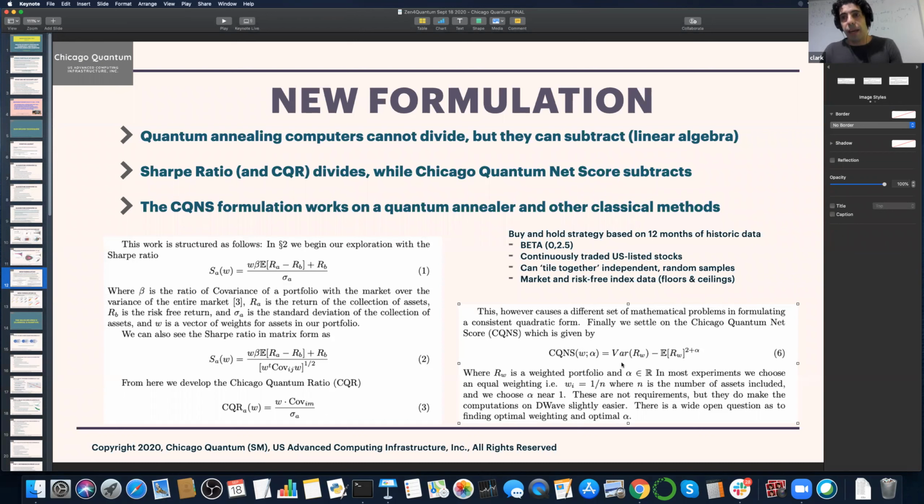But we can't divide, so we have to take a logarithm. The log of a division is a subtraction, so that's where this came from. Now the 2 plus alpha, that alpha has to be a little bit movable so that you can match the values. Otherwise, it will just pick expected return. So there has to be a little bit of variability on the Chicago Quantum Net Score, but this gives us the linearization that is required to formulate a QUBO model.